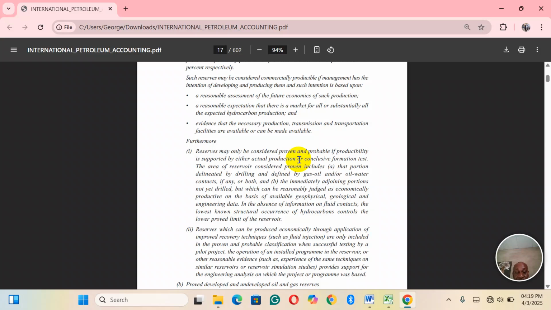Then two, we're looking at reserves which can be produced economically through application of improved recovery techniques such as fluid injection.